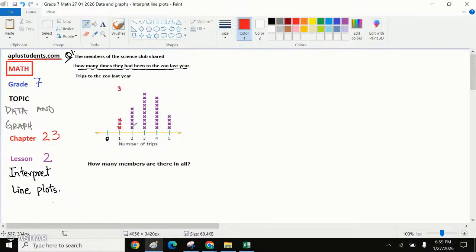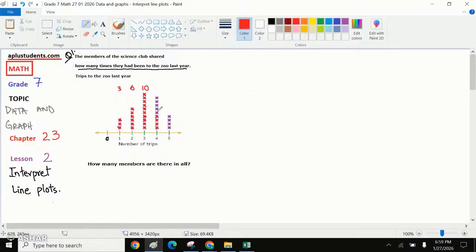Agreed. 2 trips were done by 1, 2, 3, 4, 5, and 6. Right? 6 students. 3 trips were done by 1, 2, 3, 4, 5, 6, 7, 8, 9, and 10. Okay. And 4 trips were done by 1, 2, 3.